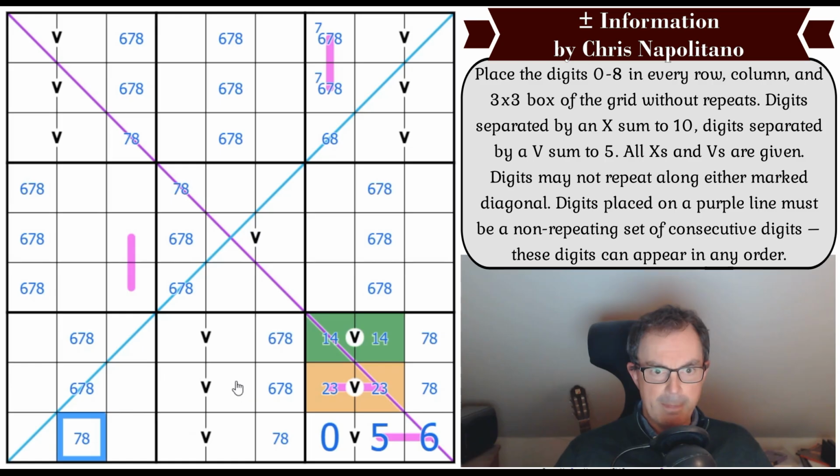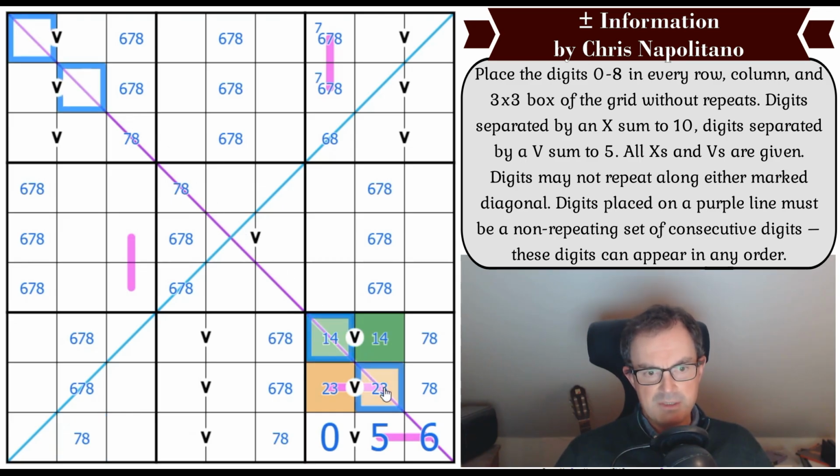Now, let me just think about this. I am now more convinced than ever that we are going to have to colour. But how? I think the diagonals are going to have to come into play somehow.